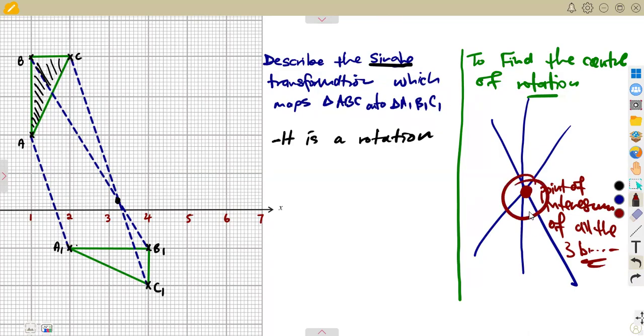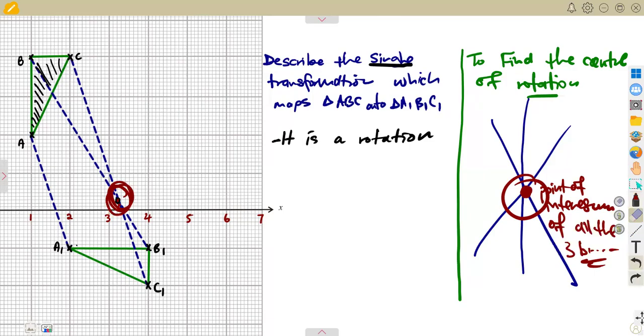Where they are intersecting, that is the center of rotation. Not the other point of intersection, that one is for us to know that it's a rotation, not to say that's our center. You have to bisect.